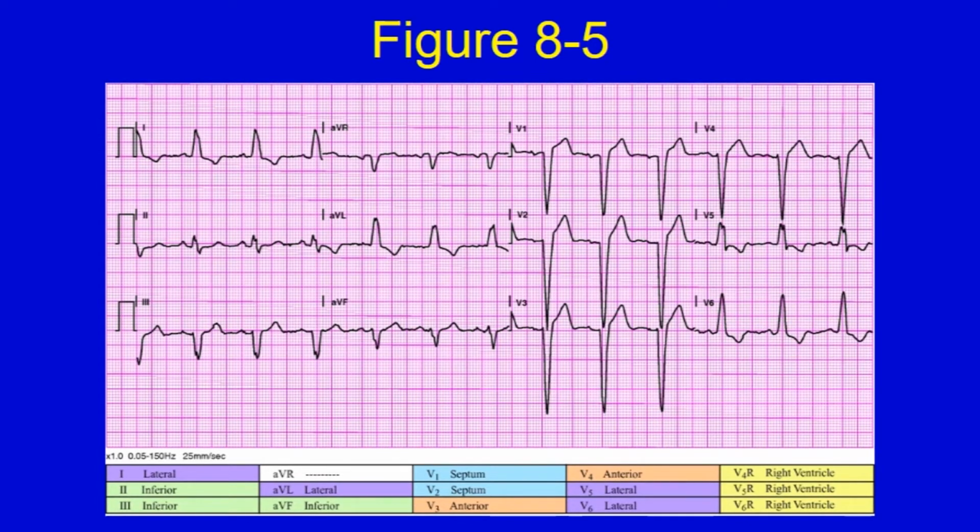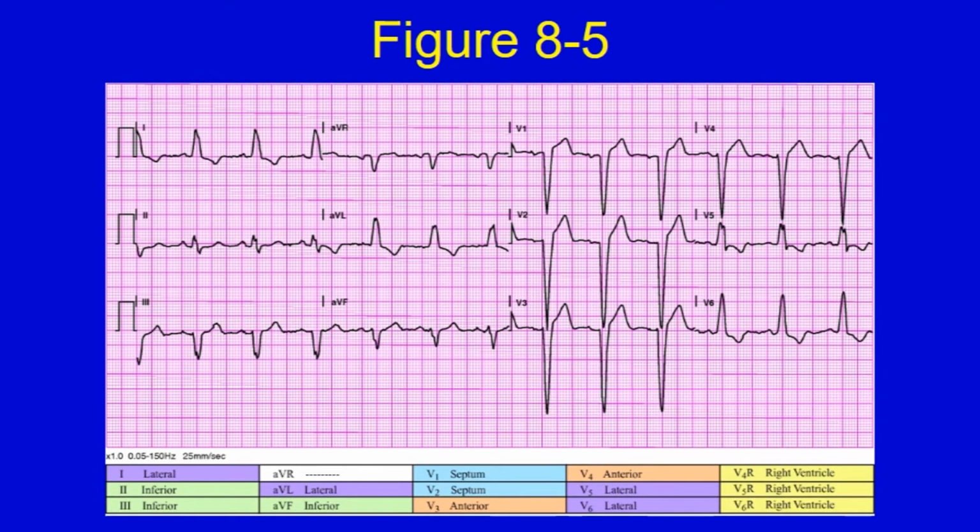Is there any elevation or depression? Yes, elevation. Where's the elevation? I see it in V1, 2, 3, and 4. Any depression? I got depression in lead 1. So these leads have elevation in them.